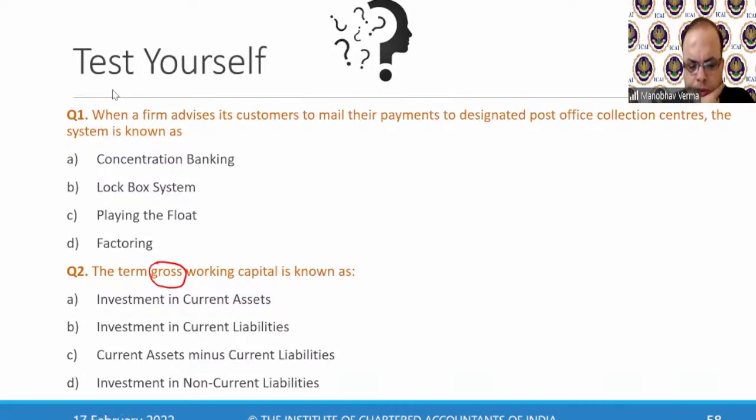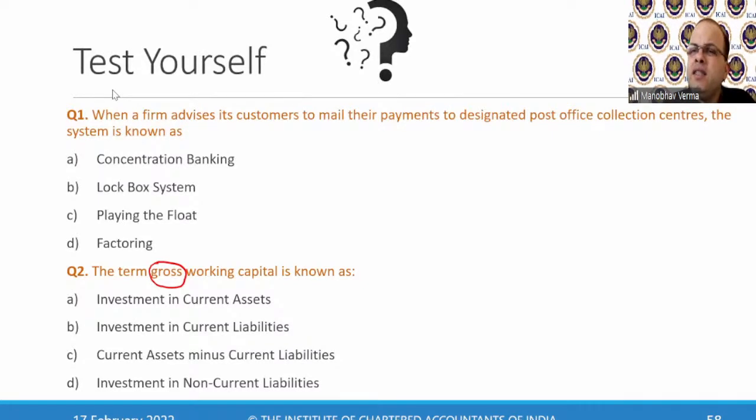Okay, let me see more responses. I got an answer as B also, that is for question number 1, my bad. So 1 is B and 2 is A if I consider the majority here. But there are some students who are telling me question number 2's answer is C. Guys, what was the difference between gross working capital and net working capital? We discussed that day.